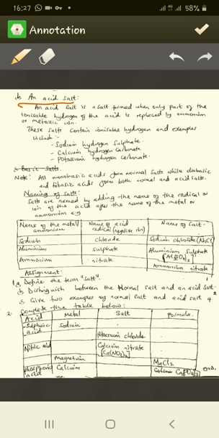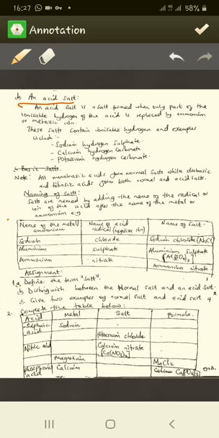We are saying salts are named by adding the name of the radical or ion of the acid after the name of the metal.